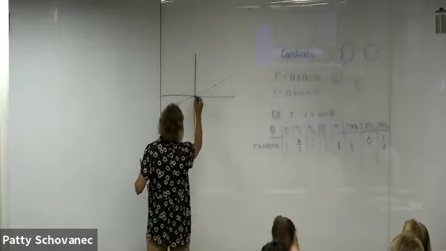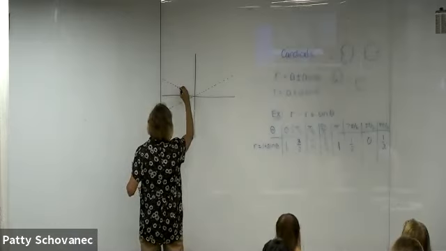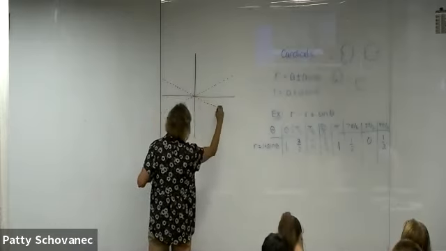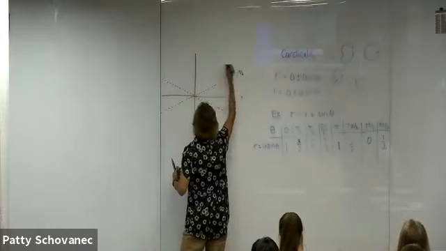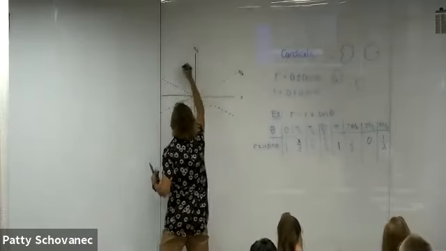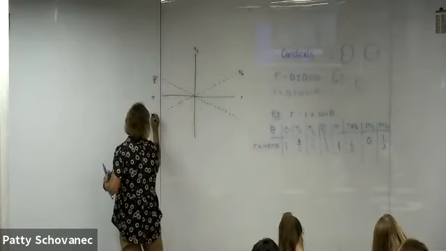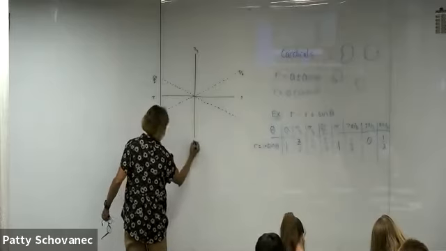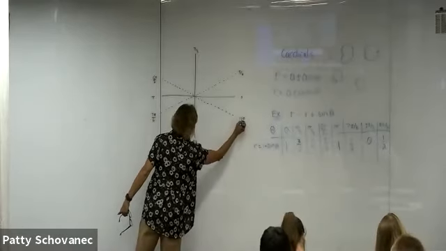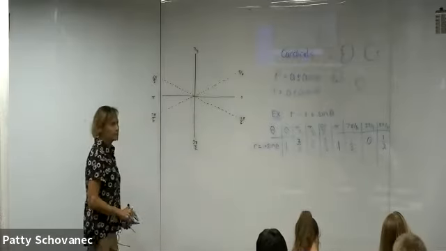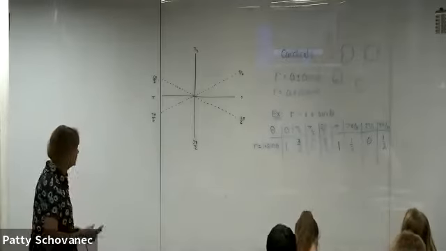And then our other pi over 6 is going to be about that distance up here. So there's my graph paper. That's 0, pi over 6, pi over 2, 5 pi over 6, pi, 7 pi over 6, 3 pi halves, 11 pi over 6. So imagine your graph paper is divided up. Those are the only ones I'm plotting, so that's all I need.